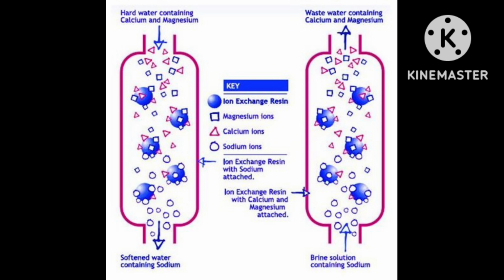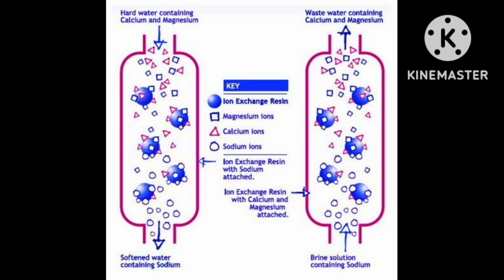Now the third method is the ion exchange method. Here what will happen? By name itself it is clear. Ion exchange means that maybe a cation, maybe an anion, will be replaced by the same type of charge.